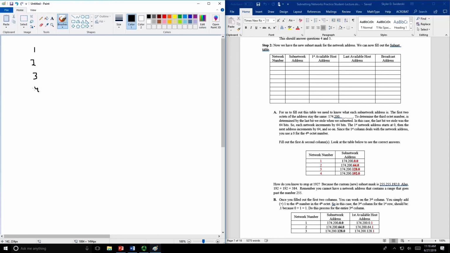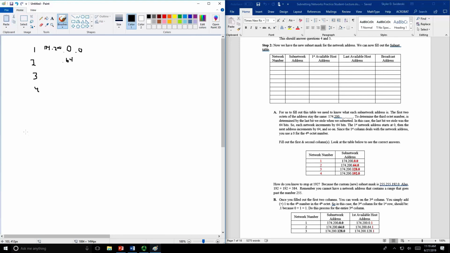Now, instead of the increment number being in the 4th quadrant, because we were borrowing bits from the 3rd quadrant, we're going to be putting the subnet number in the 3rd quadrant. Remember, the first subnet address will always be 0. So 174.200.0.0. Next one will be .64.